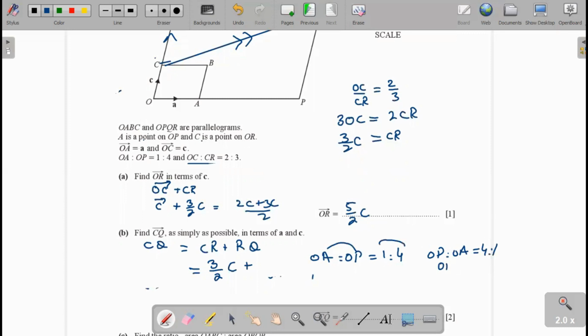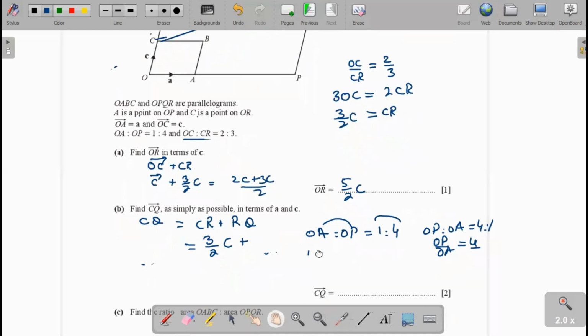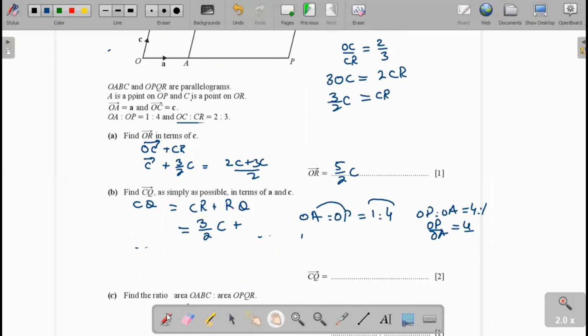Therefore OP over OA will be 4 over 1, and OP will be equal to 4 times a. Now we write this value here: RQ will be equal to OP, and OP is equal to 4a.